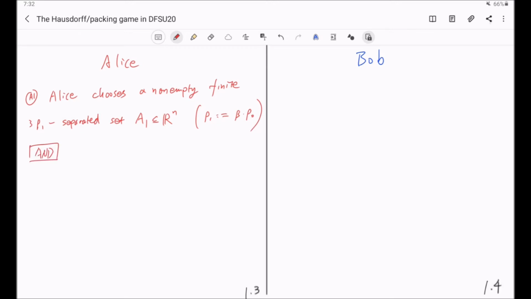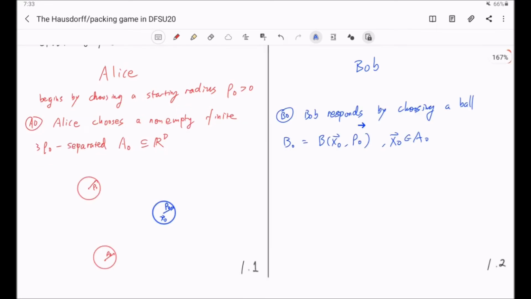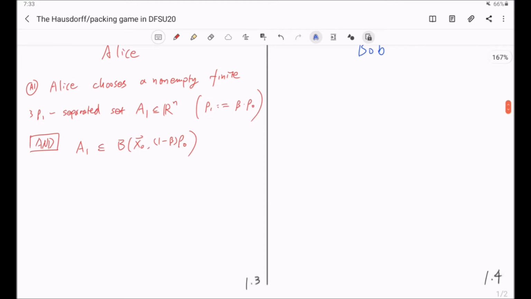And we have one more requirement: A1 must be contained in the ball centered at x naught, which was Bob's choice in the 0th turn, and the radius now is 1 minus beta times rho naught.